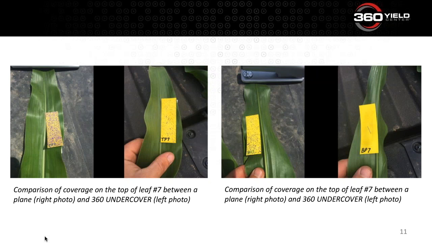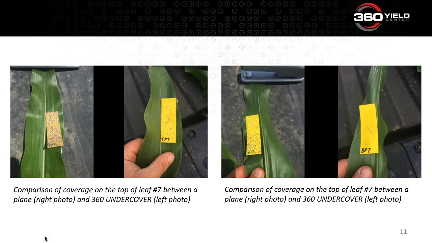This particular study was one that our research agronomist and myself did, Jason Keenest and I, out on one of Greg's fields, where we went in at V7 corn, so it was still fairly early in the season. We ran undercover and then we ran an airplane within an hour or so, same timing, same field, so we could compare apples to apples.